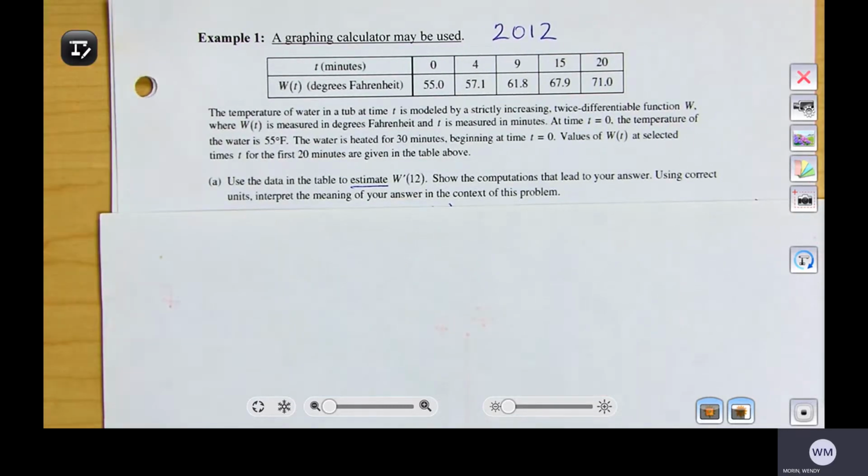Again, the more you practice, the better you're going to get. Let's go through two of these examples, and then you can try the other one on your own. If I go too fast, just pause the video and copy down what you need to copy down.